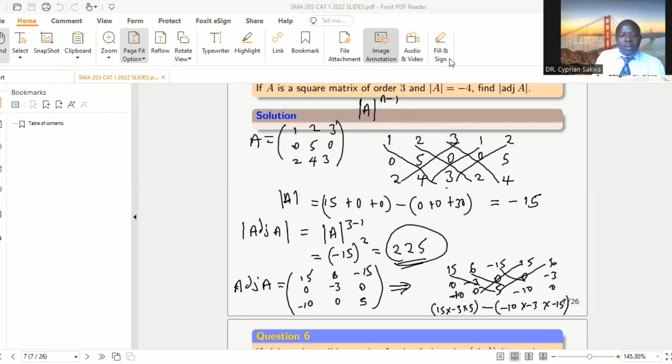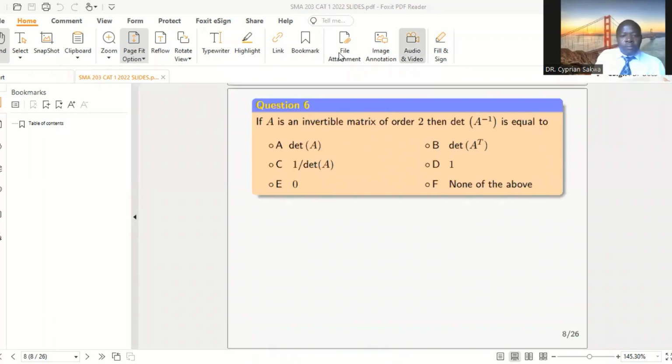Let's look at the next question. The next question asks that if A is an invertible matrix of order 2, then the determinant of A inverse will be equal to what?